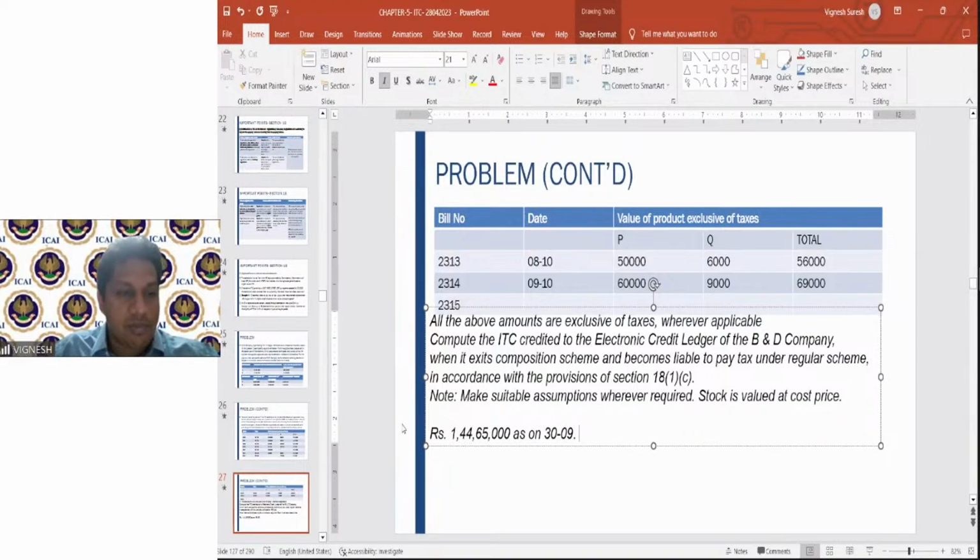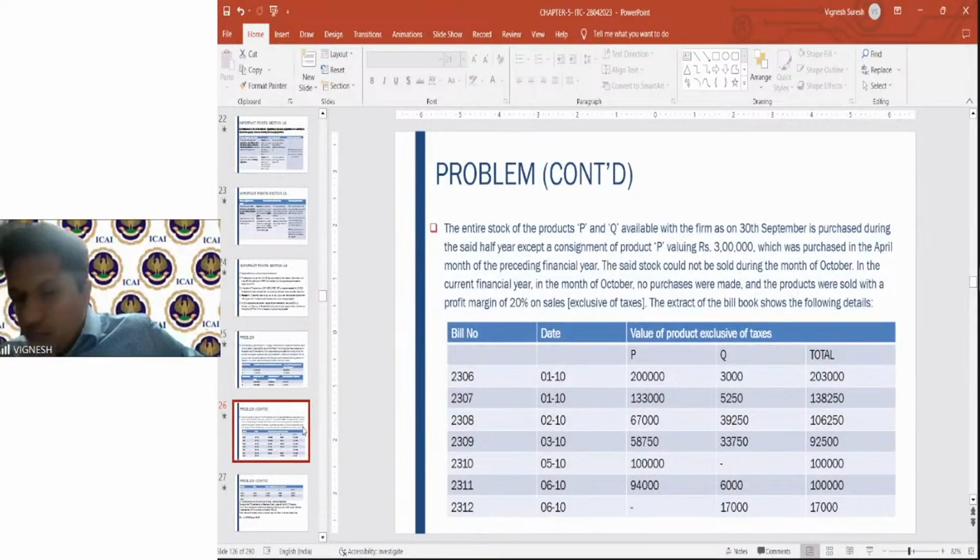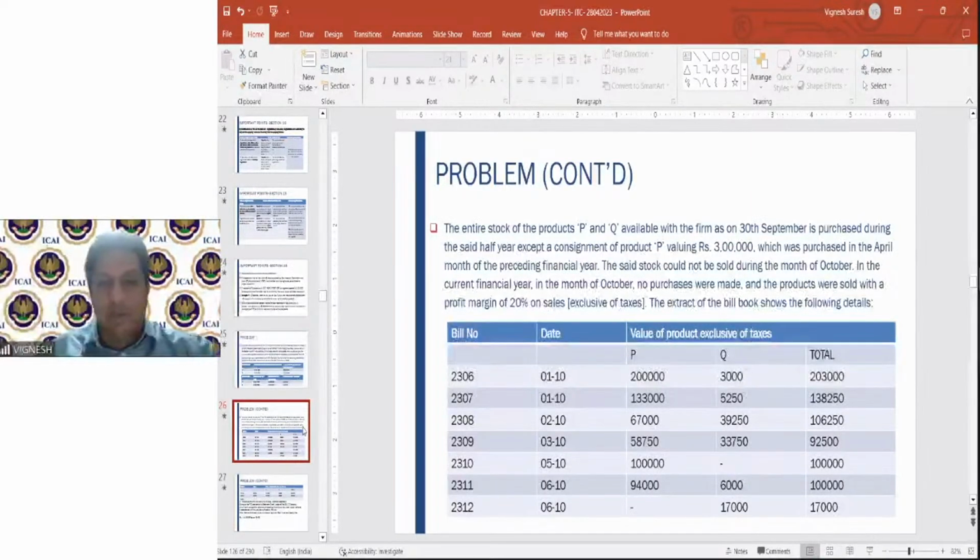Then he has given the bill book here. So bill book plus 2 lakh 3,000 on 1st October, plus 138,250 on 1st October again, plus 106,250 on 2nd October, and 3rd October 92,500.